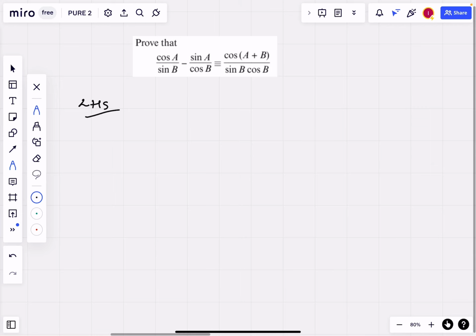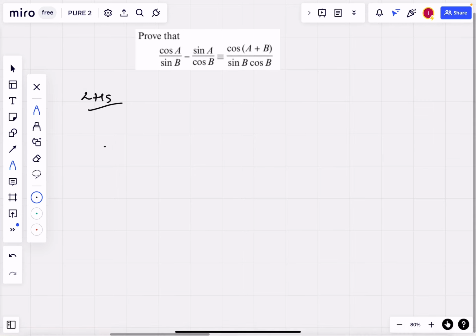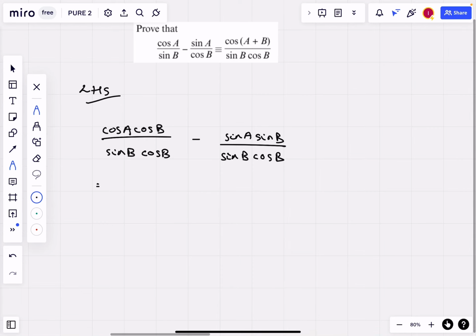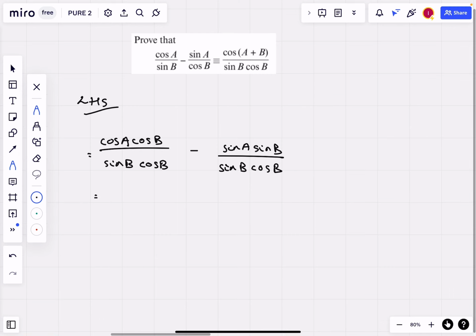The lowest common multiple, or your denominator, ideally would be sine B cos B. And then sine B cos B. In order to do that, you need to times this cos A by cos B. And then that sine A by sine B. That's the only way you can combine the two fractions.